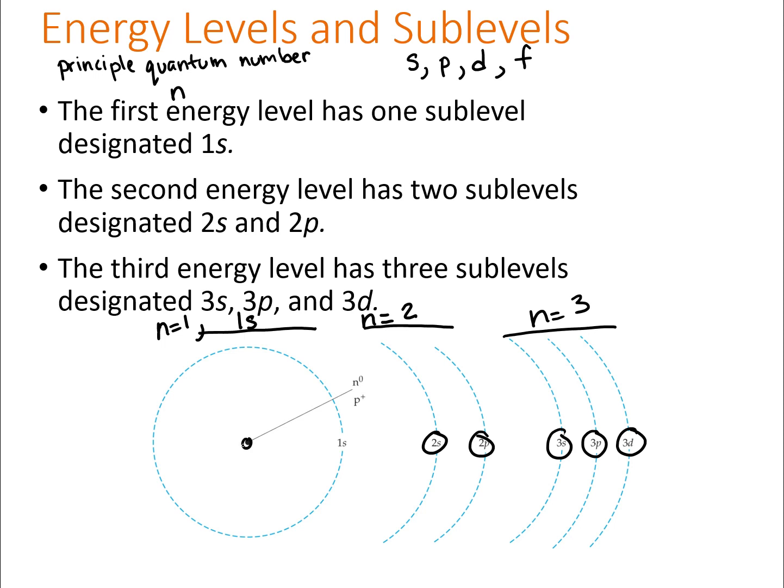If this is the center where the nucleus is, as you increase n, going from n equals 1 over here to n equals 3 over here, the electrons have more energy so they can exist farther and farther away from the nucleus.